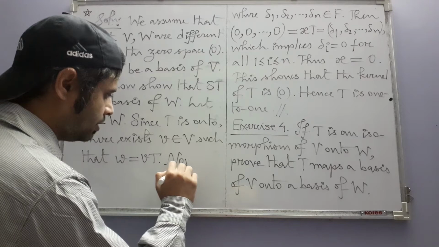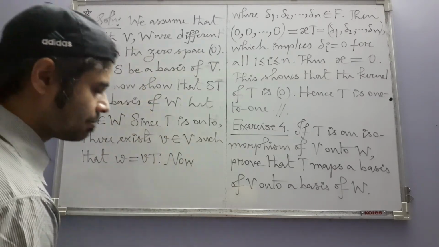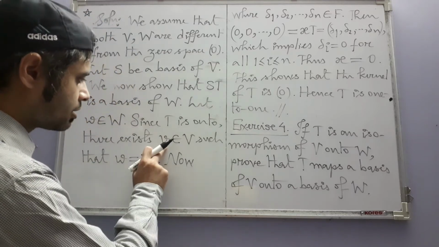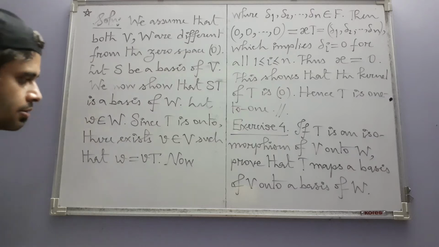Now, because v belongs to V and S is the basis of capital V, this vector will be some linear combination of some elements of S.